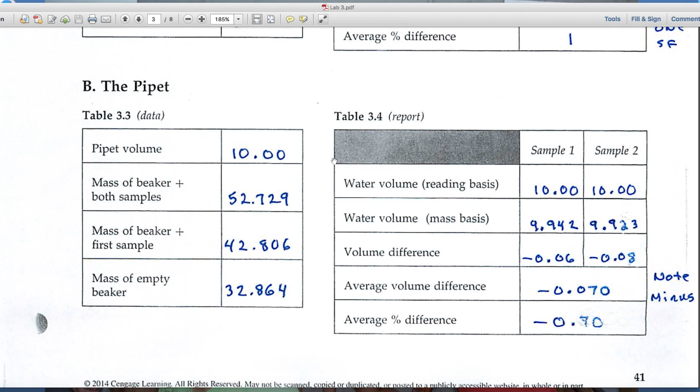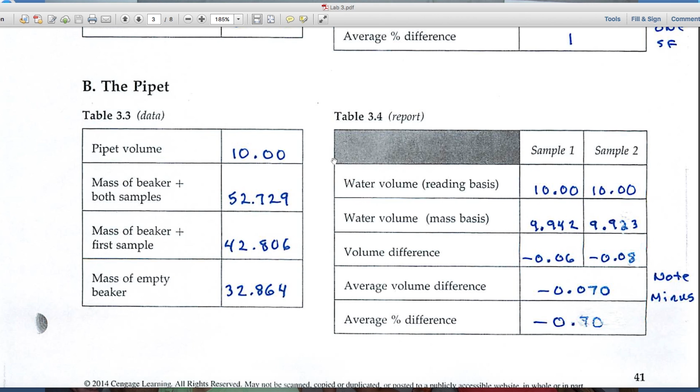Adding these two numbers together, dividing by 2, gives us the average volume difference of 0.070, keeping those two significant figures that we have. Notice that when you add 0.06 and 0.08, you get 0.14. We now have two significant figures.